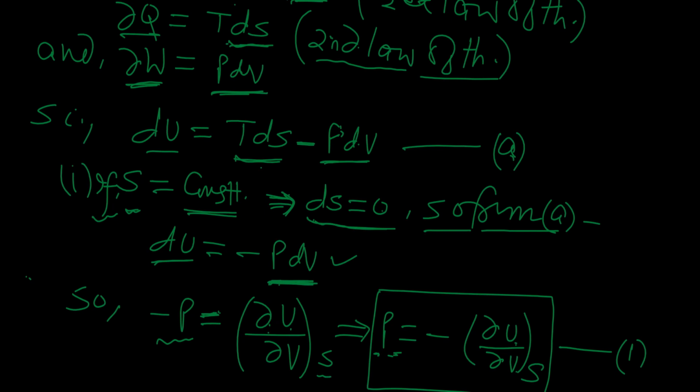So minus P equal to this much, or you may impose this minus sign in RHS. So we can write P equal to minus del U by del V at constant S.